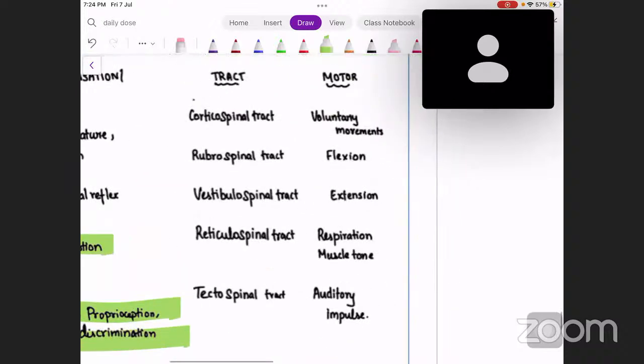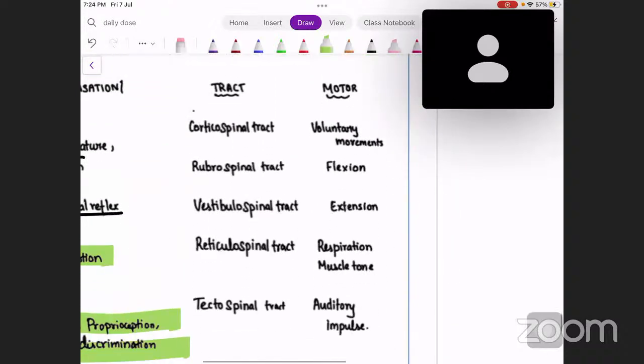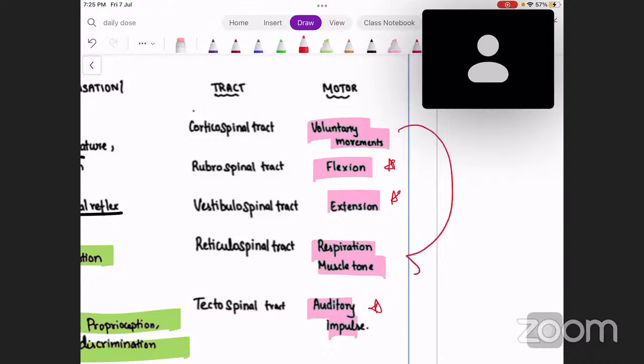Coming back to the motor tract, we are having a corticospinal tract which carries your voluntary movement, rubro, flexion, vestibulo, extension, reticulo, respiration, muscle tone, tecto, auditory impulse. Among that, rubro, vestibulo, tecto are very, very important. Nowadays, they are trying to ask you voluntary and respiration also.